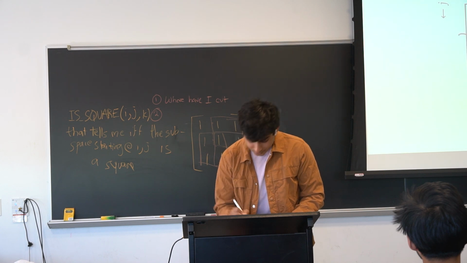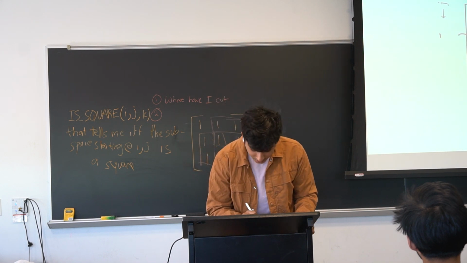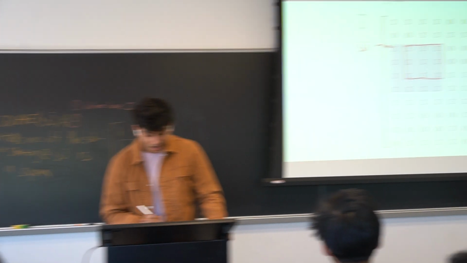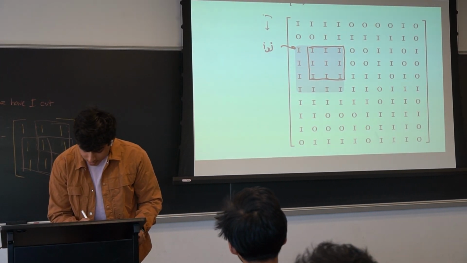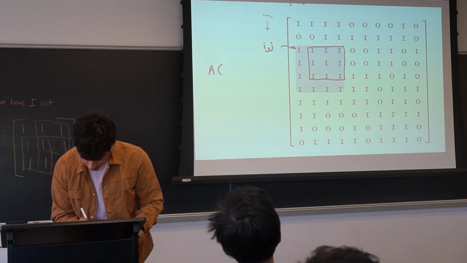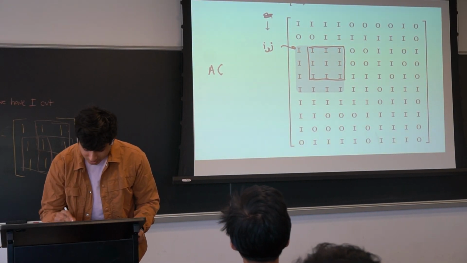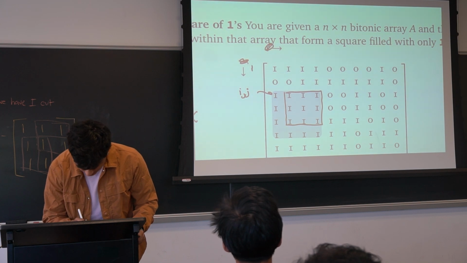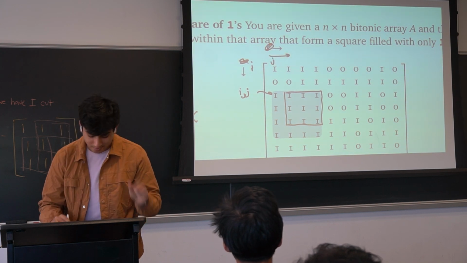So if I know that, let's call this element ij. If I know that the area starting from, I hate how he used the index in J. I goes this way, J goes this way.